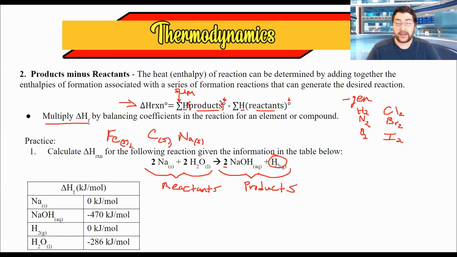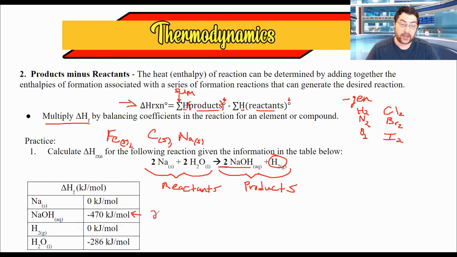So that hydrogen there has no energy associated with it, and then we have 2 moles of the sodium hydroxide, okay? The sodium hydroxide was negative 470 kilojoules per mole. But we have 2 moles of it up here as a balancing coefficient in our equation.